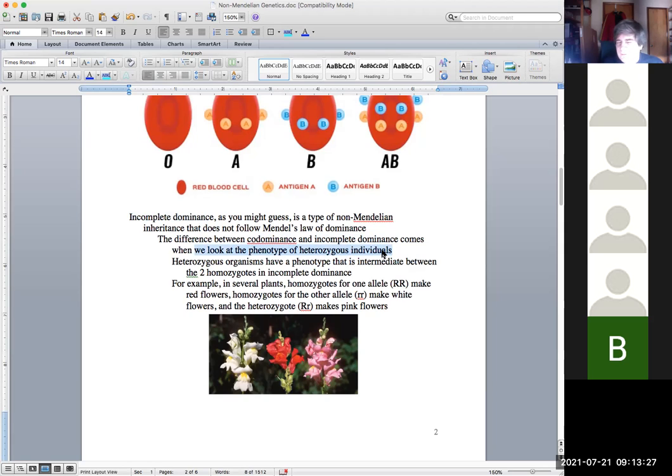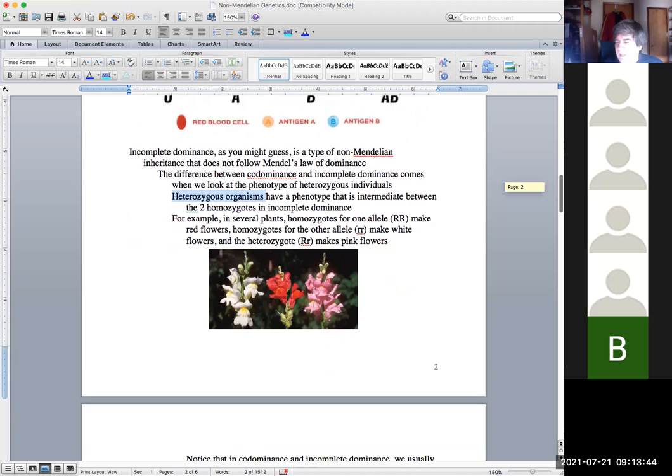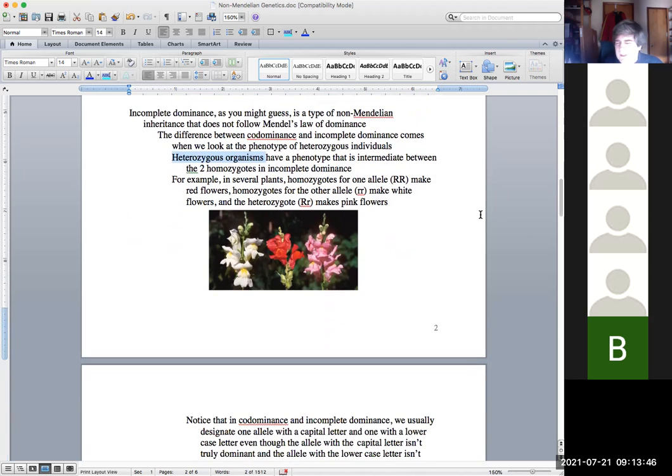So remember, the phenotype is their physical appearance. So in incomplete dominance, when we look at heterozygous organisms, we don't see both phenotypes. So it's not like type AB blood where we can see both proteins. Basically, what we see is something that's kind of in between the two homozygous individuals.